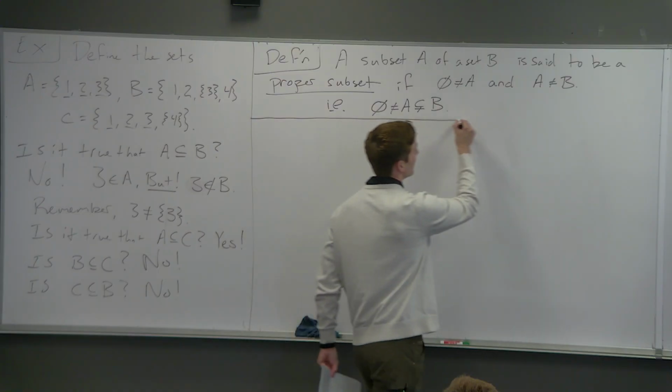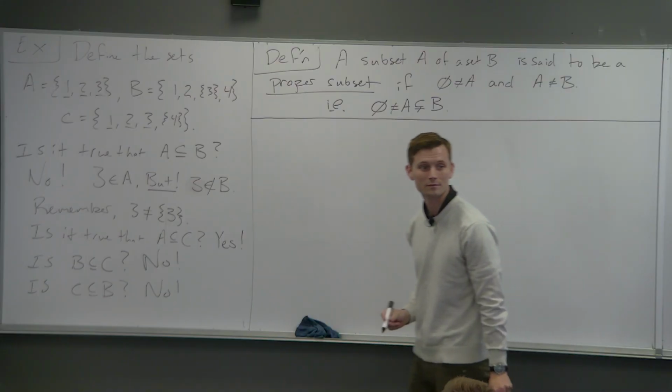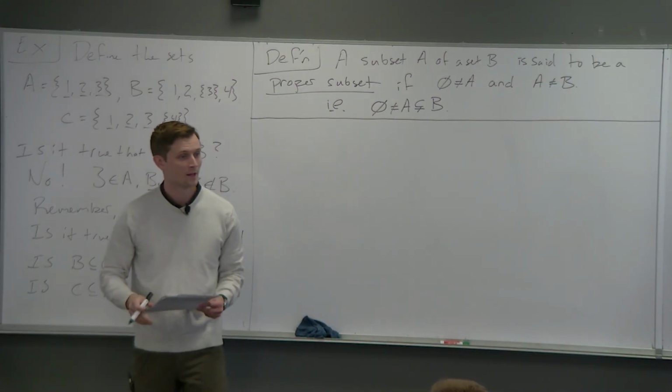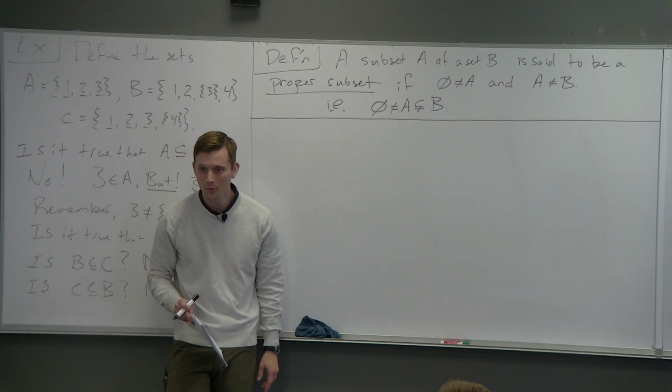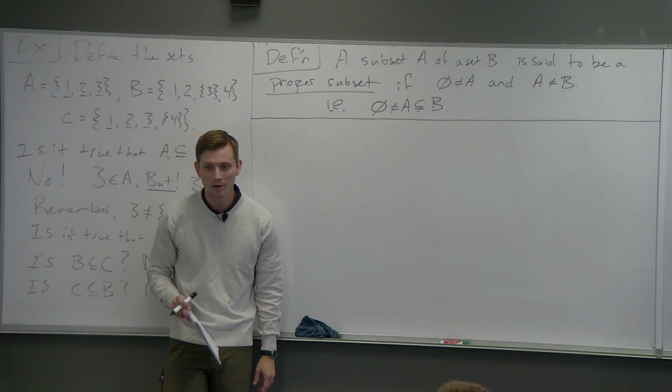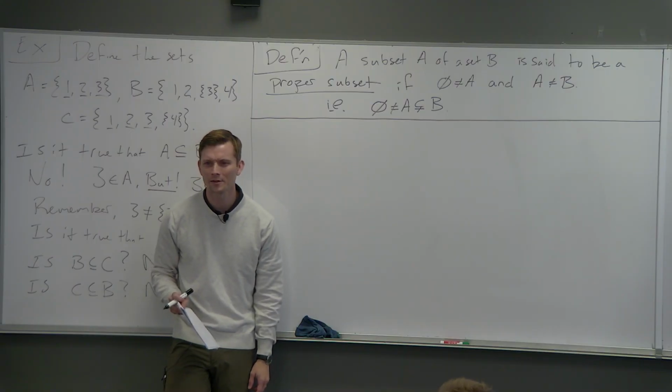All right, so quick question. Does a one-element set have any proper subsets? Nope. If a set has more than one element in it, does it have any proper subsets? Yep, always. If a set has two elements in it, how many proper subsets does it have?